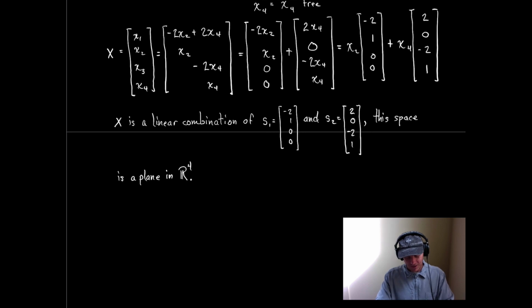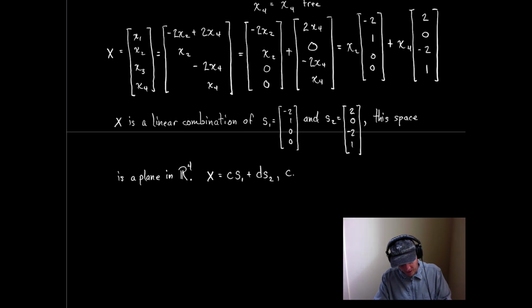So that's what it is. It's a plane. And so we could just write our solution. We've already written it once as x is just some scalar c times S1 plus some other scalar d times S2. So c, d are scalars. And that's how we find the null space of the matrix A.